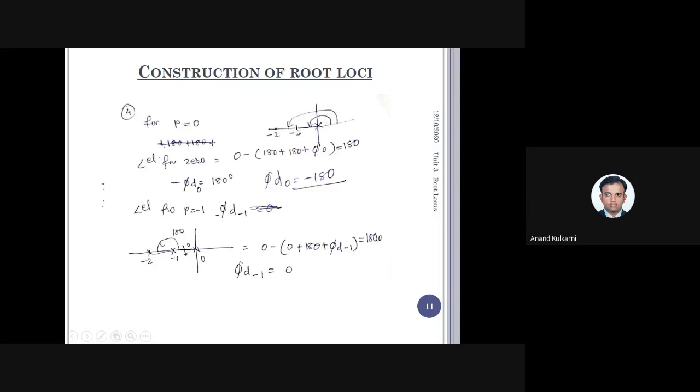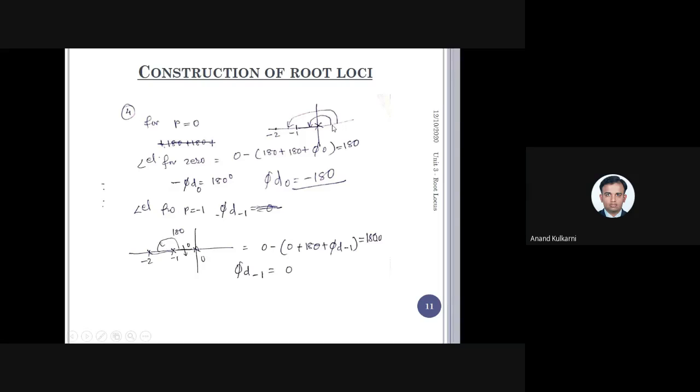The angle of departure for the pole at -1 is 180, and for -2 is also 180. So 180 plus 180 is 360. That means it is 0 only, because 360 means one full rotation, you have to just remove that. So it becomes minus phi d 0 is 180. That means phi d 0 is minus 180.